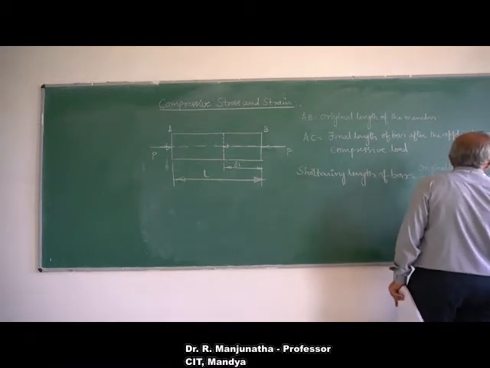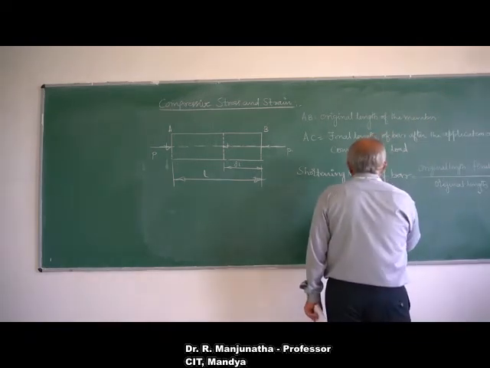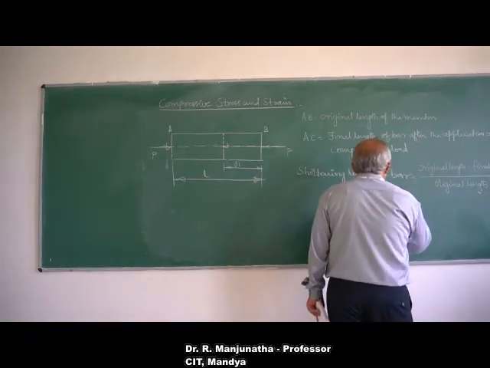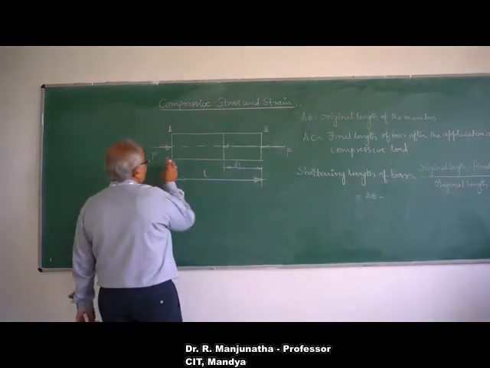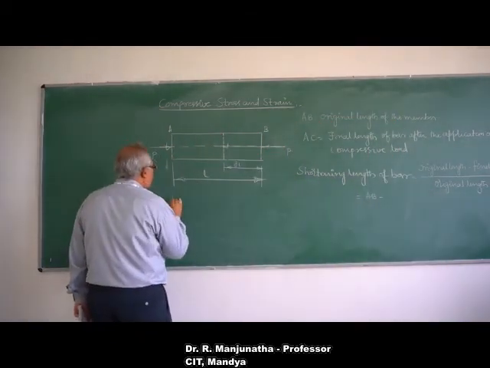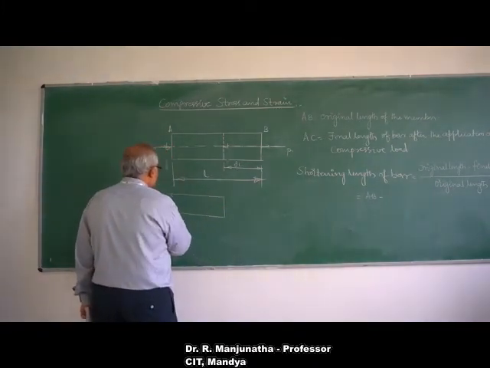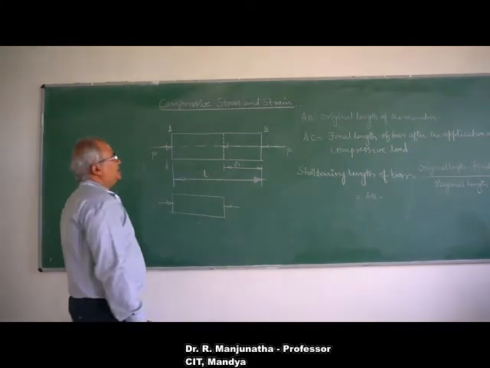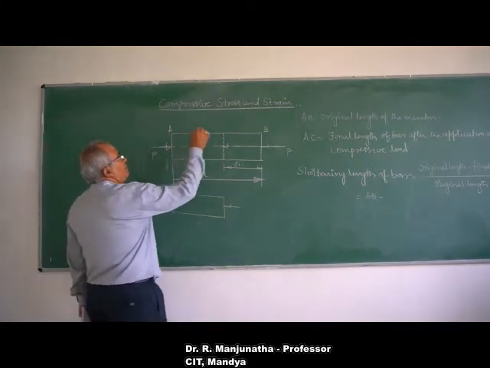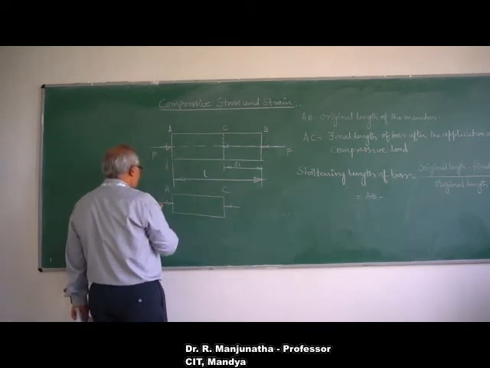What is the original length of the member? It is capital AB minus the final length of the member. Once the compressive load is applied, the member is reduced to this length, so this point will be AC. This is the final length.